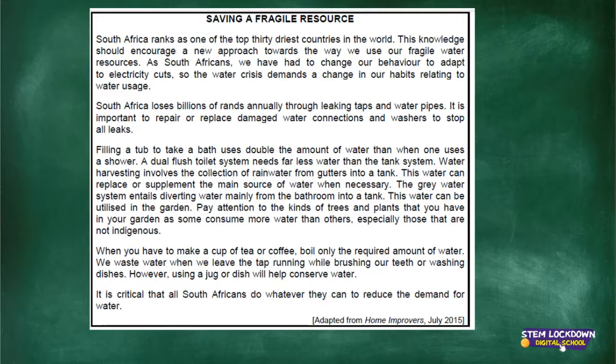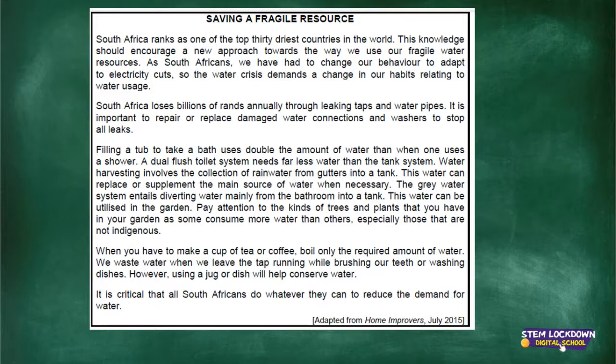Filling a tub to take a bath uses double the amount of water than when one uses a shower. A dual flush toilet system needs far less water than the tank system. Water harvesting involves the collection of rainwater from gutters into a tank. This water can replace or supplement the main source of water when necessary.